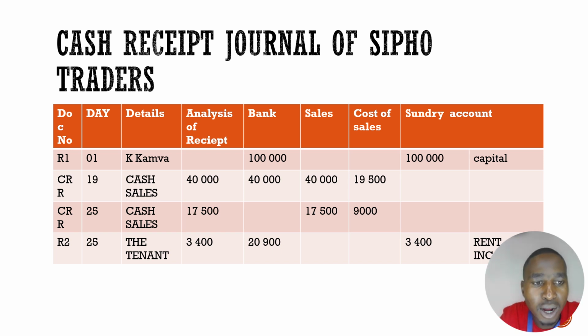Now, one thing that we noted on the above slide is that we recorded on the bank column on the 25th, and we also recorded on the same day, the 25th, under the bank column.